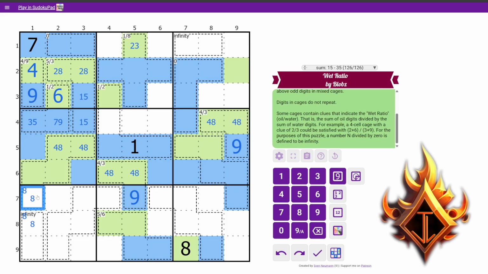This could be, oh, but this can't be 8 because it would be in the same cage. So that puts 8 there. It'll put 8 in one of these, which are both valid still.